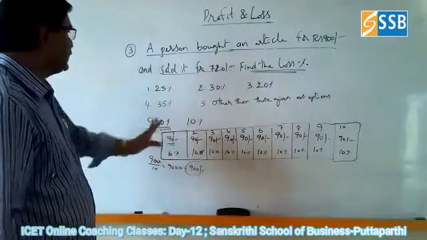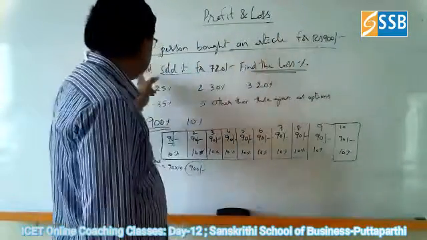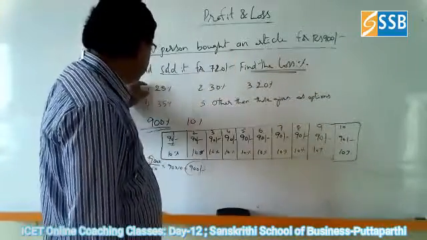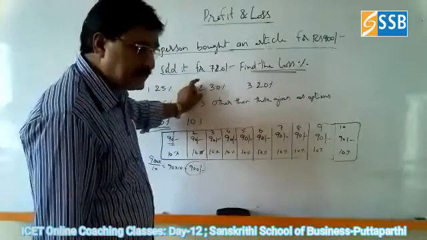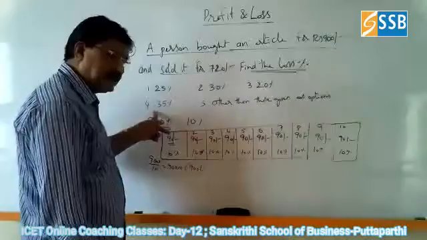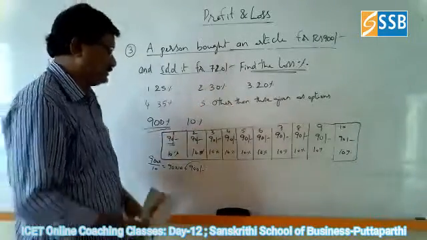So simple logic here. A person bought an article for rupees 900, sold it for 720. Find the loss percentage. First answer is 25%. Second answer is 30%. Third answer is 20%. Fourth one is 35%. Fifth one, other than those given as options.